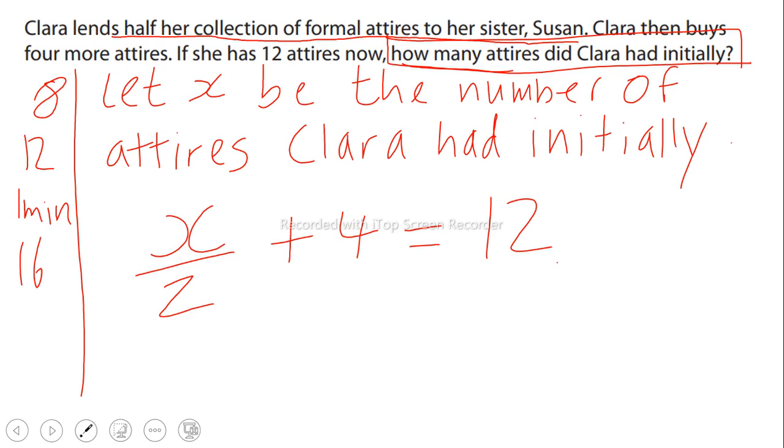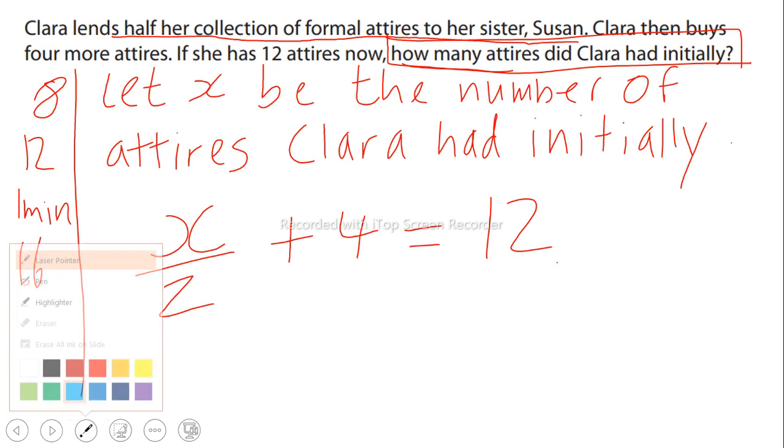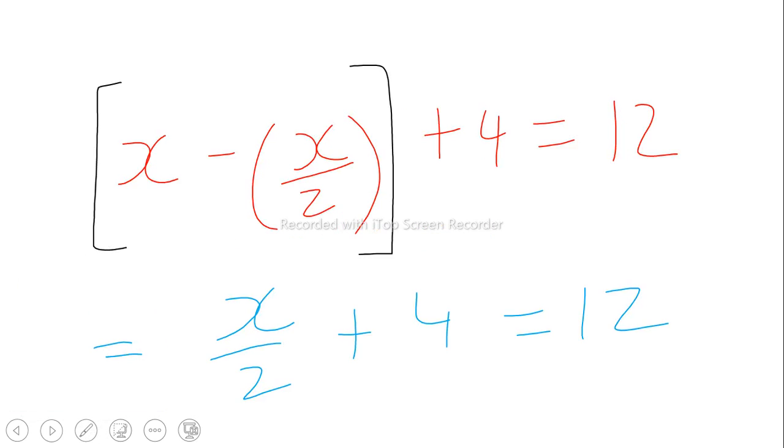Let me say it again. If she gave away half, she should have half left. We add that to 4 because she says she buys 4 more tires. And she should have 12 left over. Alright. Any questions on how we got this equation before we solve it?